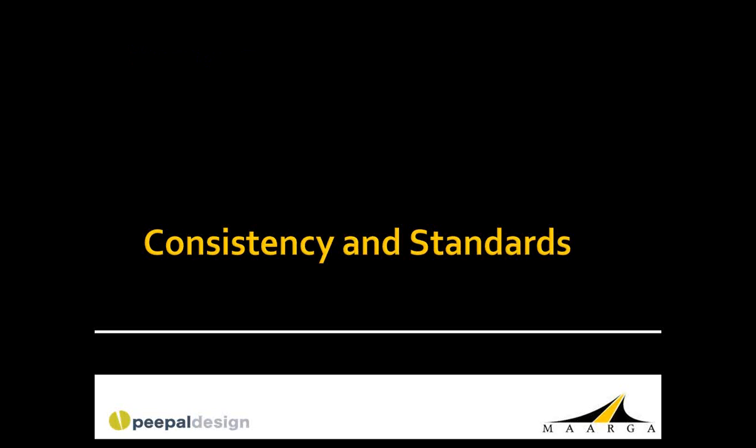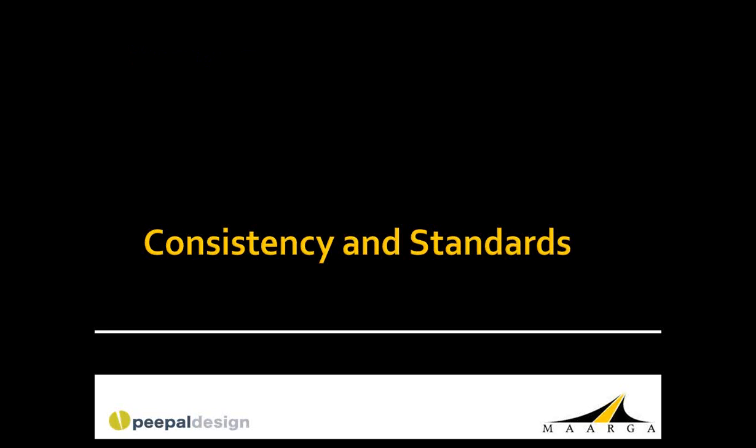So a nice example is Microsoft Office. You have a huge amount of consistency in, for instance, the menu structures, in the way some of the actions, formatting actions work across Excel, PowerPoint, and Word.